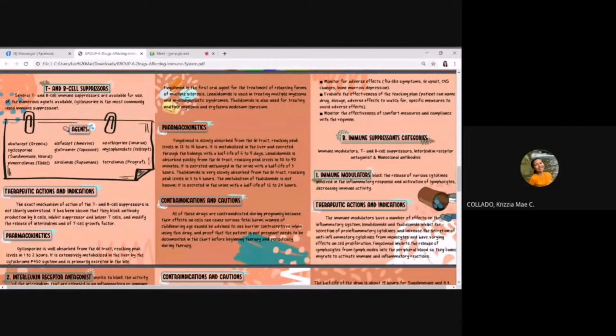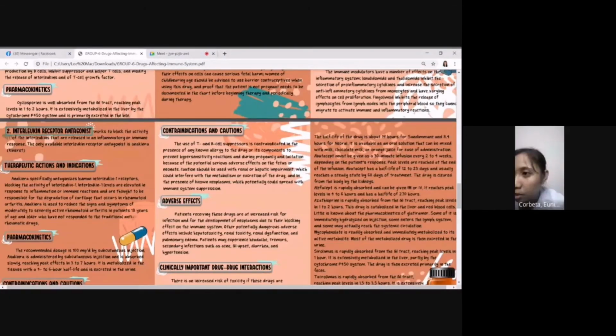It is available as an oral solution that can be mixed with milk, chocolate milk, or orange juice for ease of administration. Next are the contraindications and cautions of T and B cell suppressors.